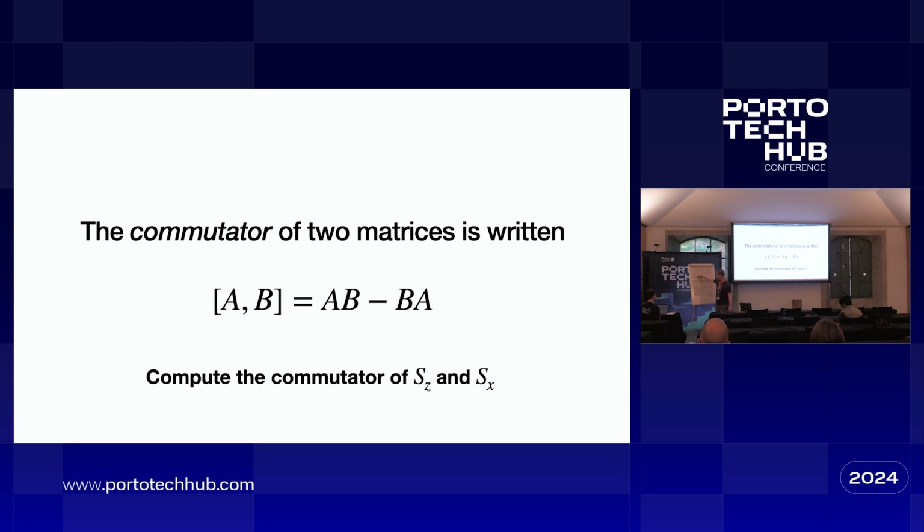Minus 1 minus 1 is minus 2. And 0. Is that the answer I was expecting to get? Yeah, it is. I'm missing some halves around there, but that's correct. So these matrices don't commute.